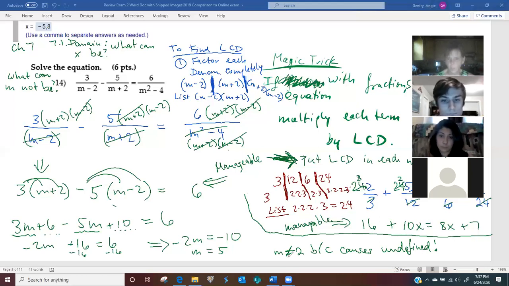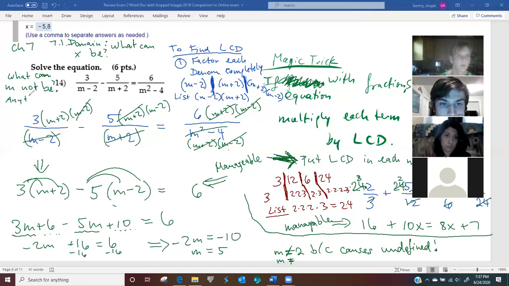M also can't be what? What else can M not be if you're looking at the original? Anything that causes a 0 in the denominator. So what can M not be?